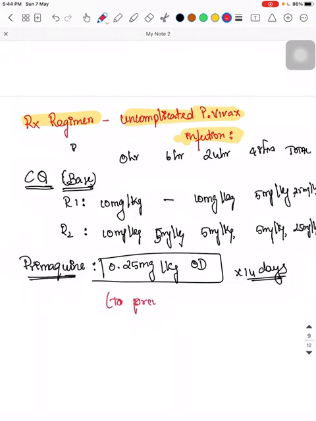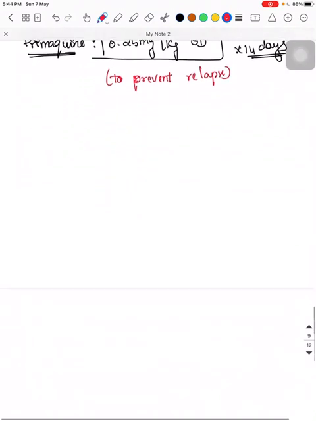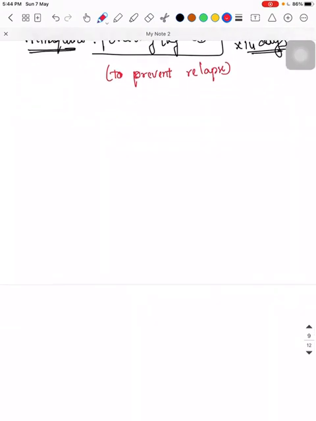Then you give primaquine at the dose of 0.25 mg per kg, once daily for about 14 days. This primaquine is given to prevent relapse. This is the treatment regimen of patients infected with uncomplicated Plasmodium vivax infection.